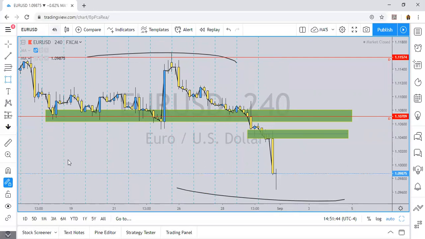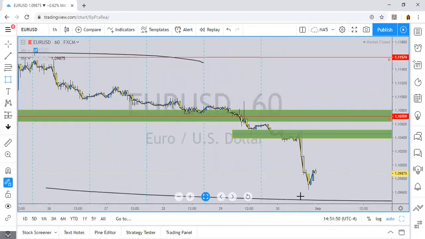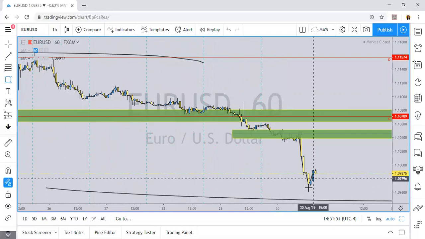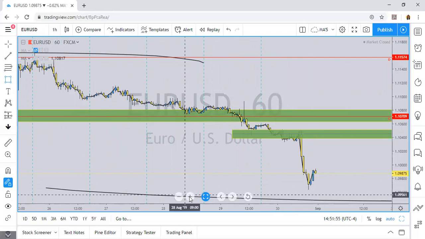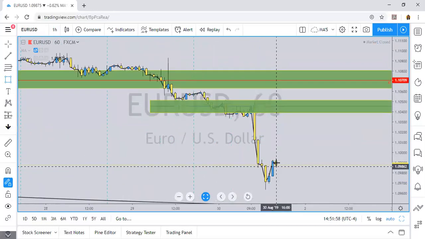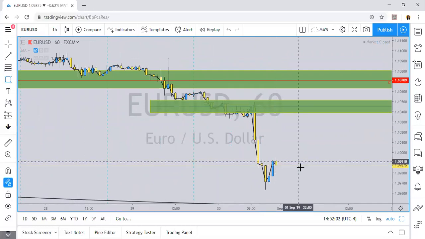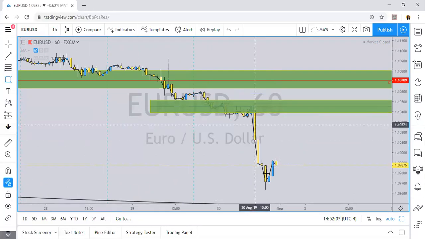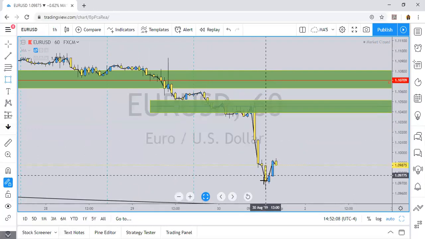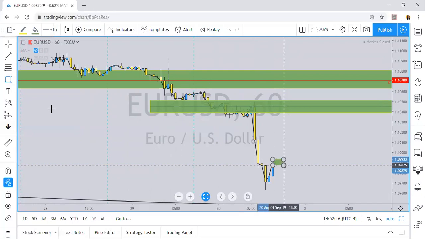And then if I drop down to the 1 hour time frame, you see the market has already started to pull back. Now this could be a possible new higher low. This could be the first higher low since this downward movement, so I'm going to highlight this.